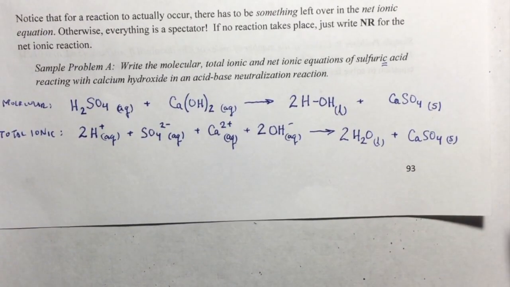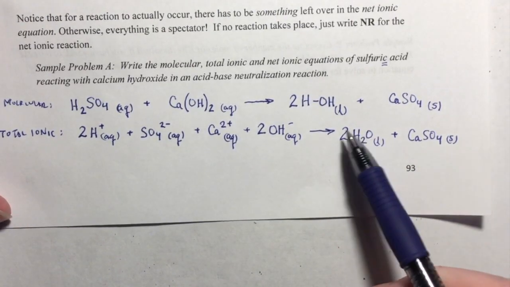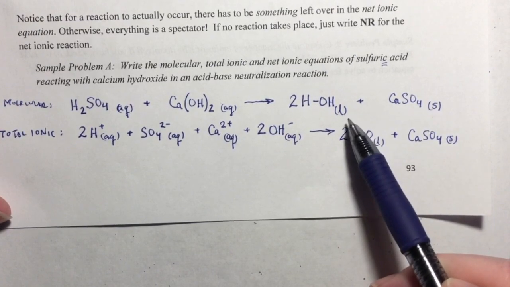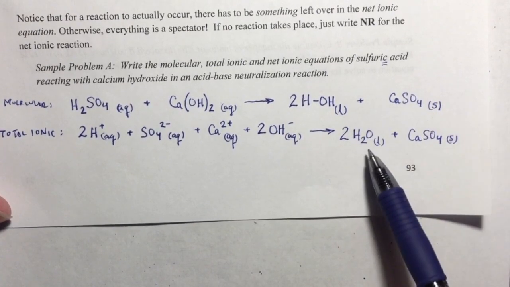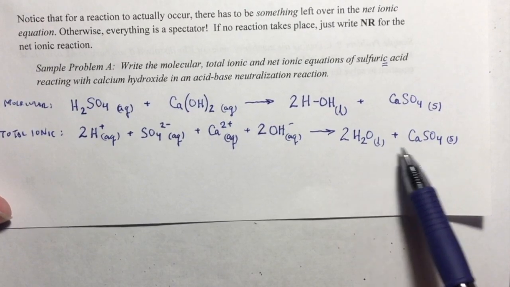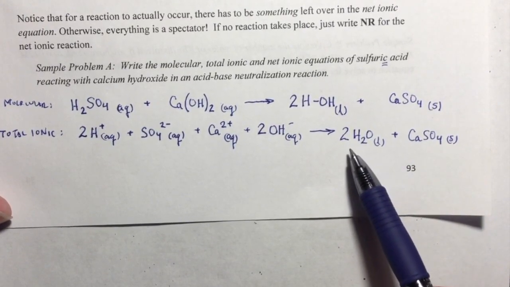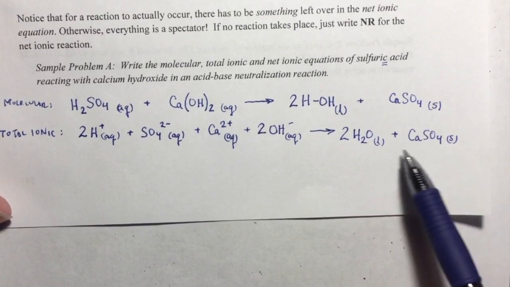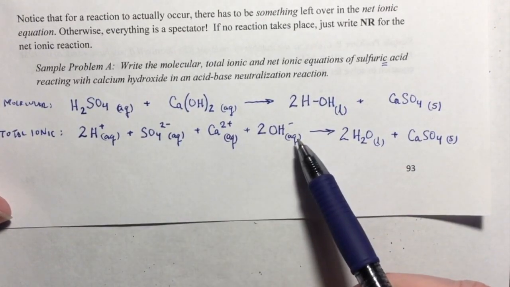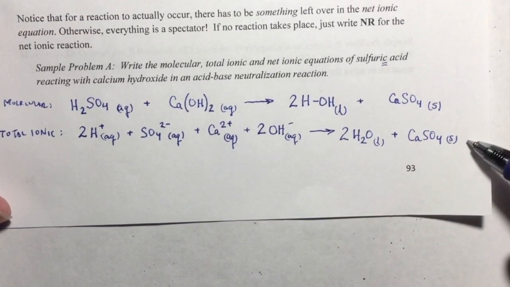Now, some of you may have caught already what's going to happen. You may have noticed that since neither of the products is aqueous, then neither of the products is dissociated. And what that means is that there are going to be no ions on the product side that are going to be canceled out with products on the reagent side, which means I'm not going to be able to cross out any spectator ions.